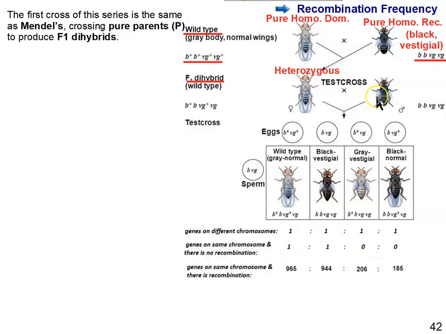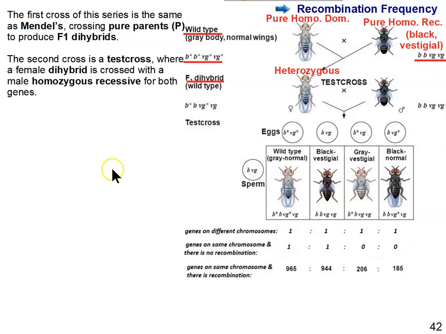So it may be homozygous recessive for one gene, in this case homozygous recessive for both genes, but that's a test cross. So the second cross is not F1 to F2, it's a test cross, where a female dihybrid is crossed with a male homozygous recessive for both genes. So pure homozygous recessive, test cross, those are the gene symbols.